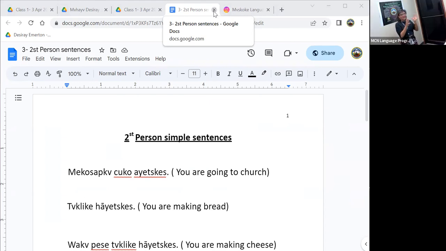So it sounds right, but like I said, we're doing the simple sentences. I know we can add on to it right now, but I know Mvhayv Barnett is talking about ma and ya and all of those. Let's see. And I know yet is also part of that.